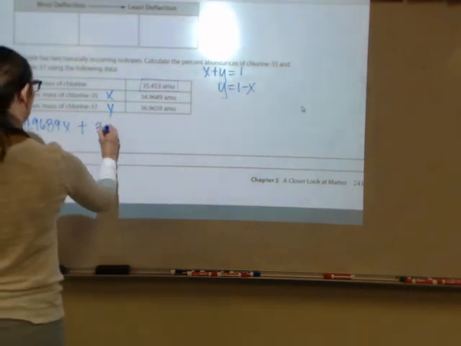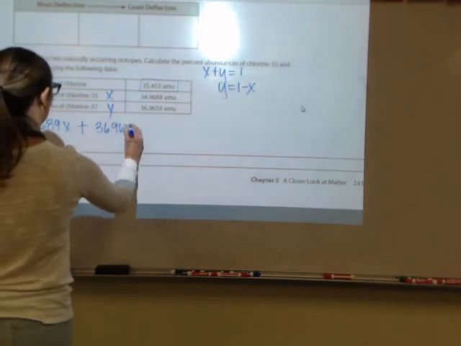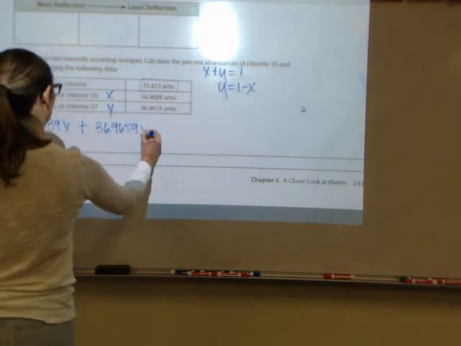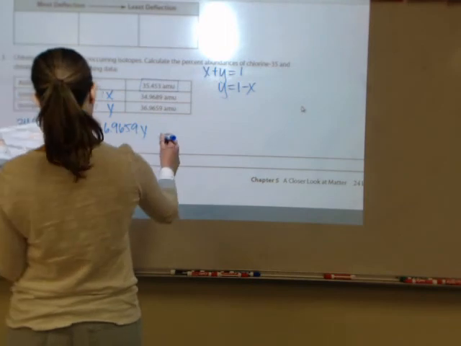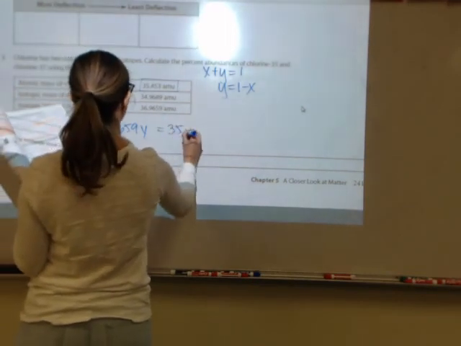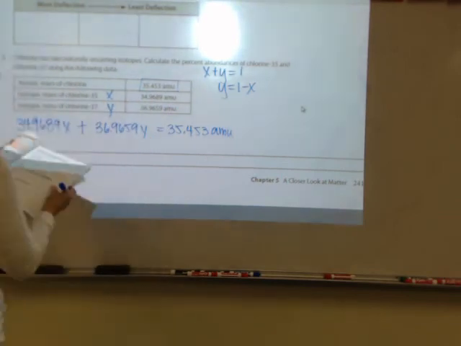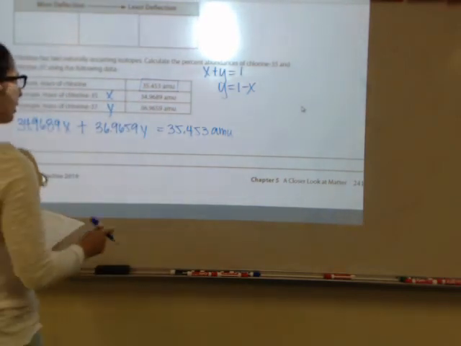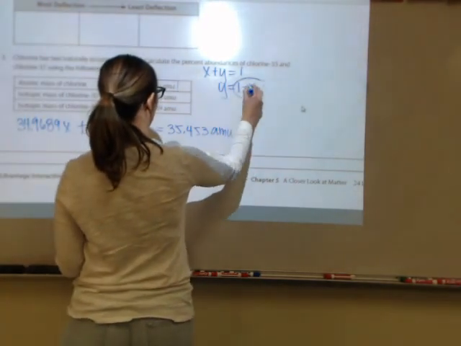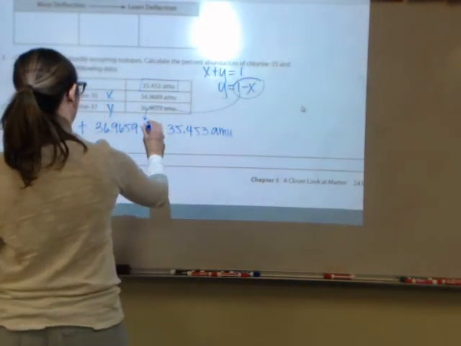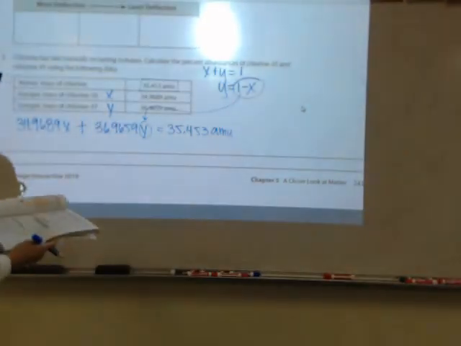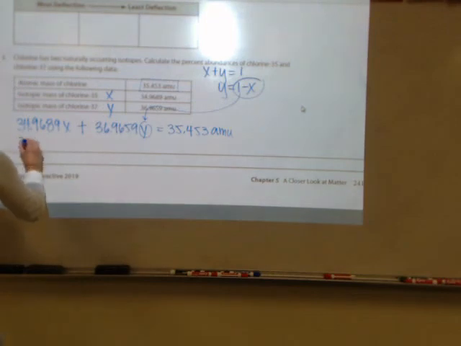Add that to chlorine-37's mass times my y percentage as a decimal, which equals 35.453 atomic mass units. Now, I'm going to substitute 1 minus x in here for y so that I have one variable in my equation to solve for.